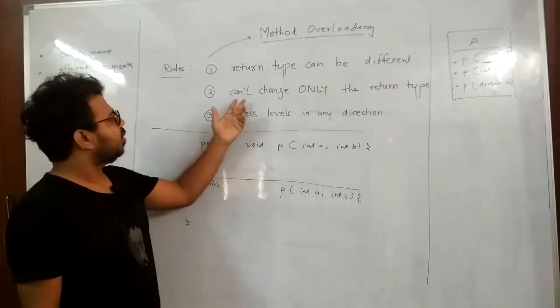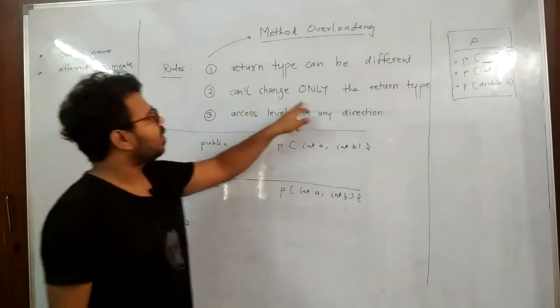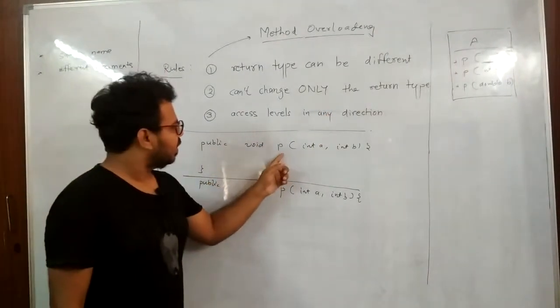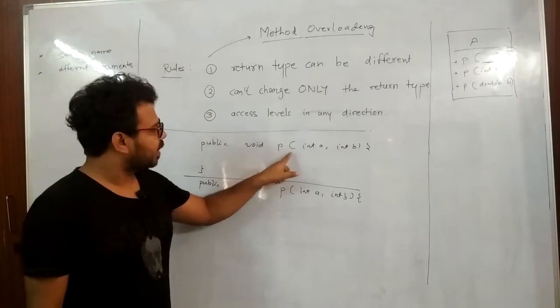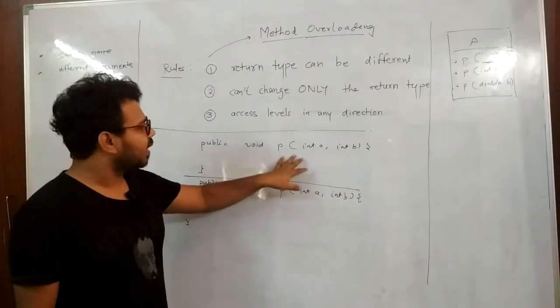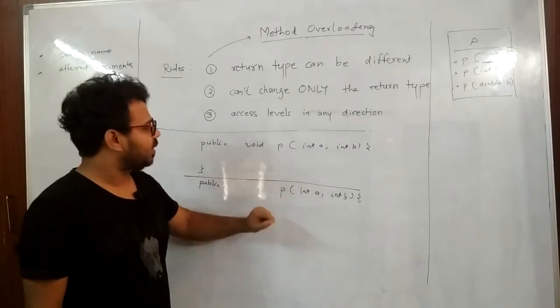Now let us understand rule number 2: you can't change only the return type. Here I have some code. You can see method P has 2 integer arguments, and we are trying to overload this method.